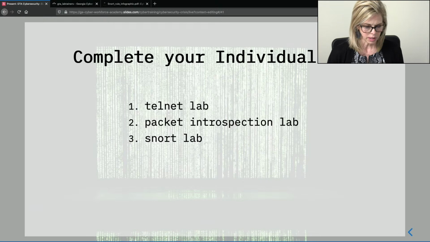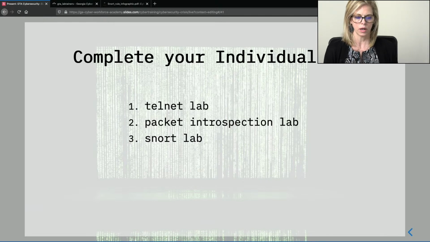Okay, so in the interest of time, we are actually going to let you take off and do your labs, since you have 3 labs to do this afternoon.